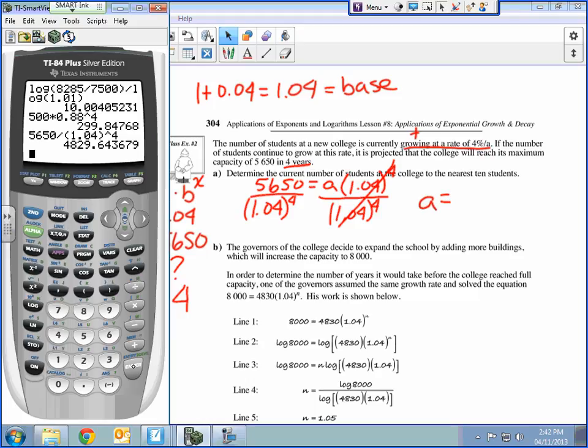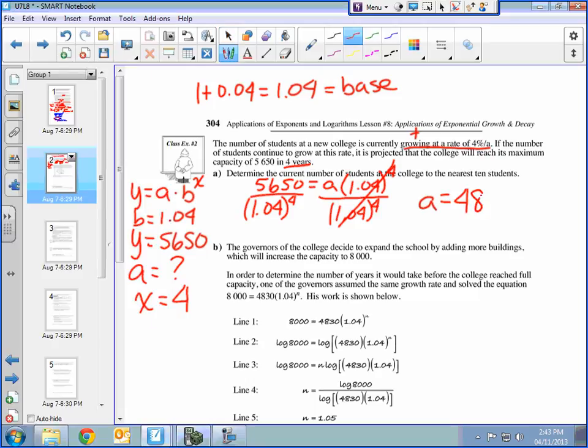Does everyone understand the 30? Round to the nearest 10? Are there any questions with this problem? This part? You guys good?